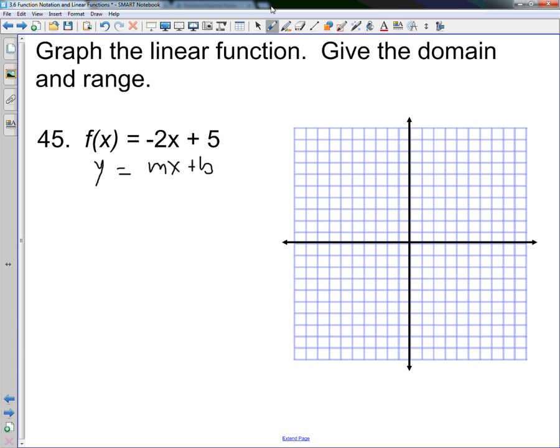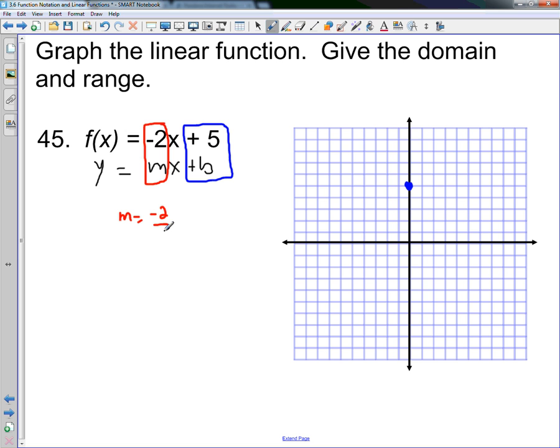So this tells me that my b value, remember, is my y-intercept. That's going to tell me to start up 5 on my y-axis. My slope is going to tell me how to get to the next point. So we have m equals -2.